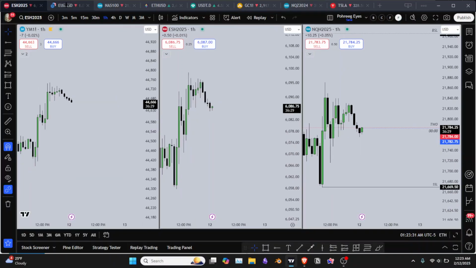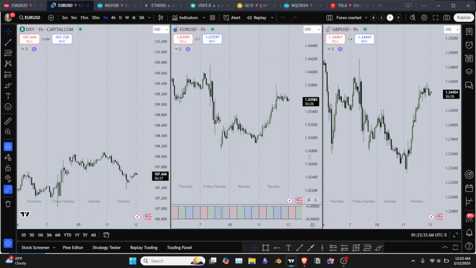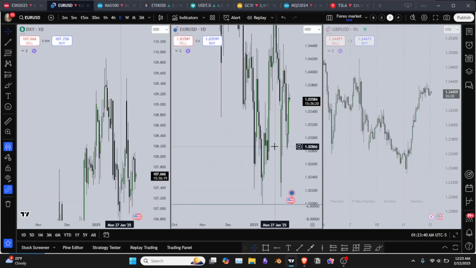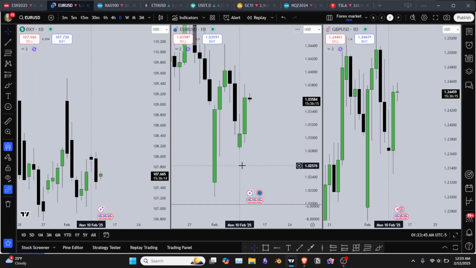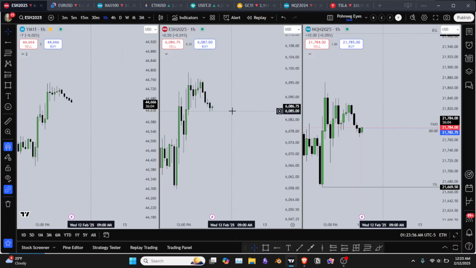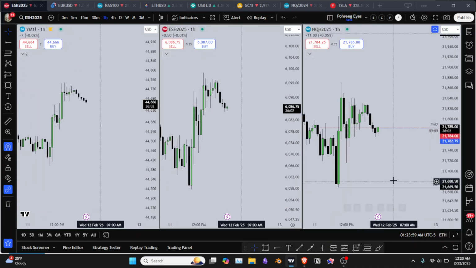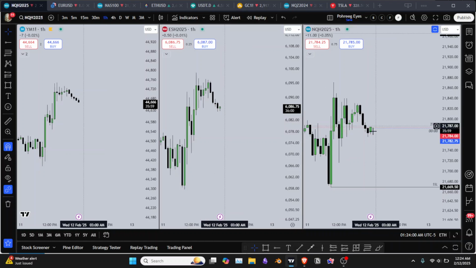Because the thing is, I would like to see us go to the daily. We have an SMT right there. Now we have an SMT right there, an intermarket SMT. So I'd like us to go lower. Go lower to go higher. So these lows are what I am expecting.